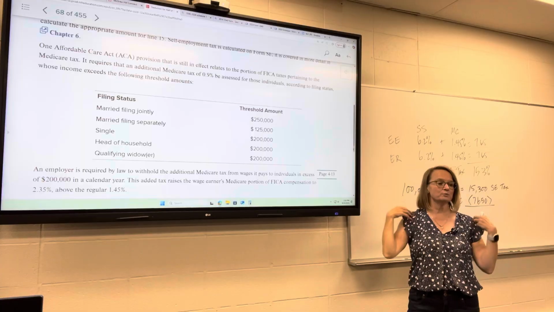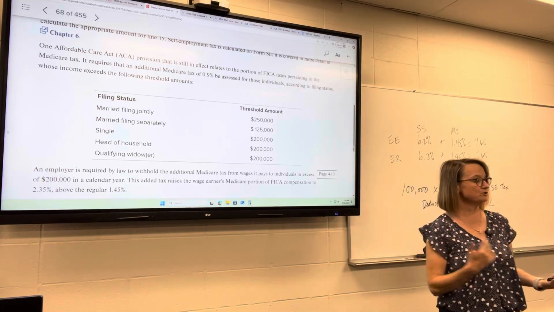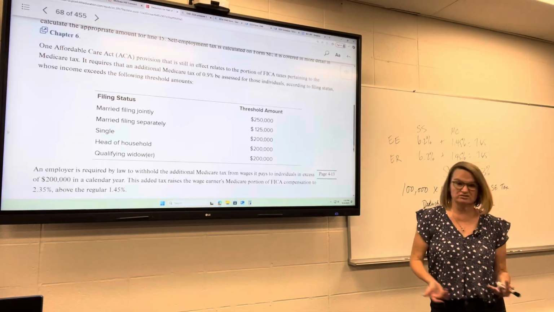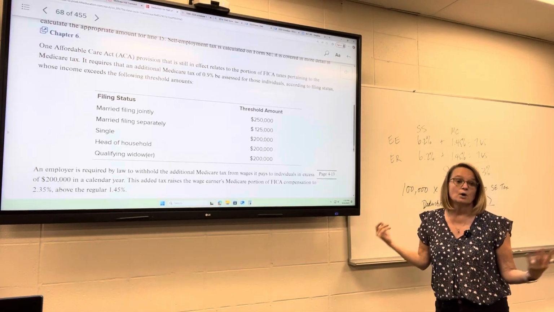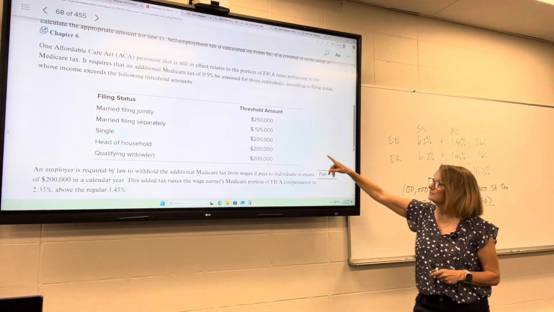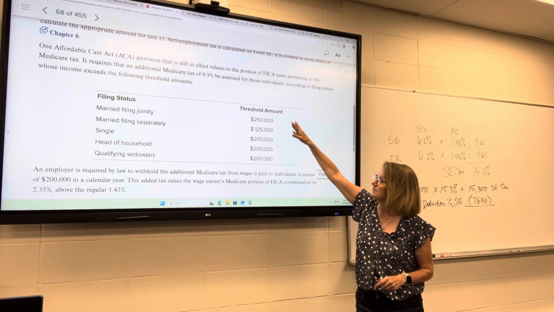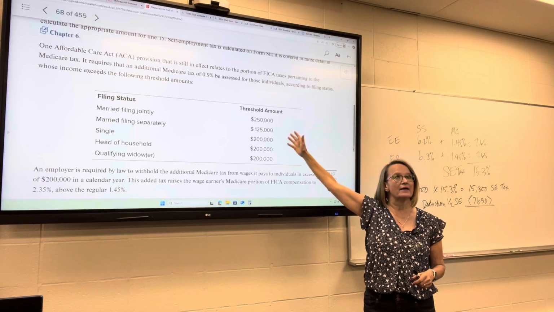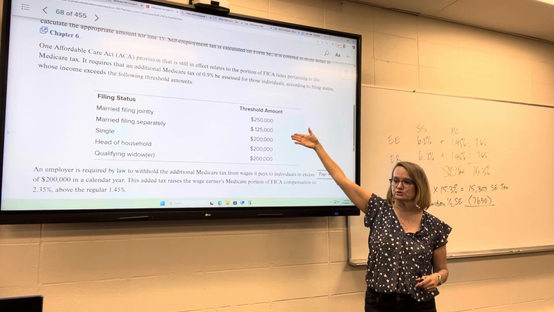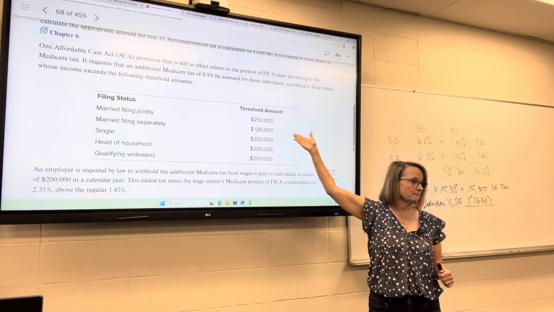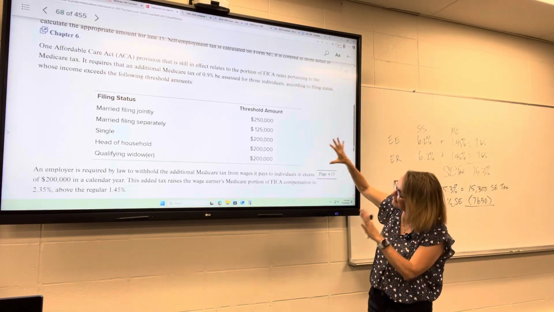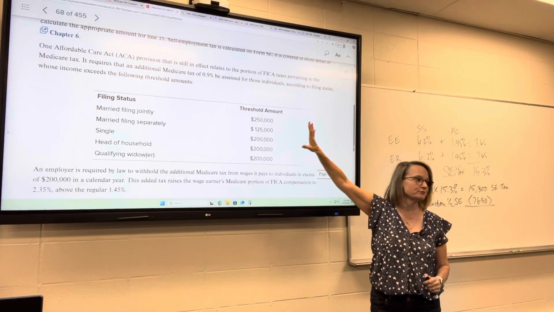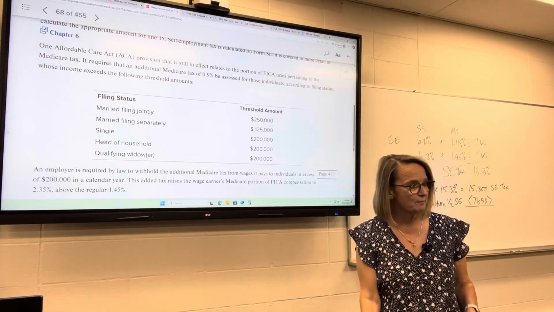So if your employer started withholding it when your income reached $200,000, but your total income never exceeded $250,000, then you're actually going to get that amount back because you never reached the $250,000. Okay, so the amounts that the employers withhold are different from the actual threshold amounts for that additional Medicare tax.